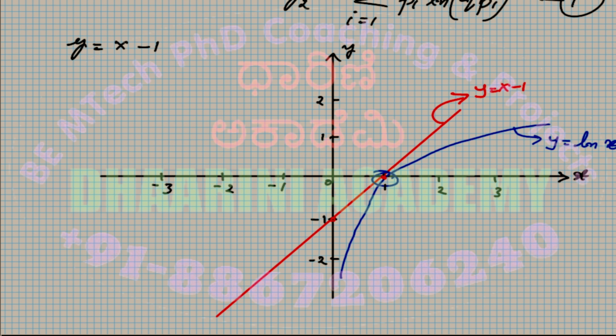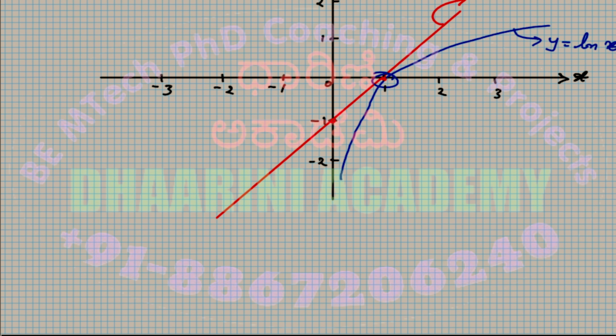but let me use whatever we learned through this graph first. From the graph, we understand one thing, that natural log of a function x is either lesser than, or only at one point it becomes equal to, y equal to x minus 1.